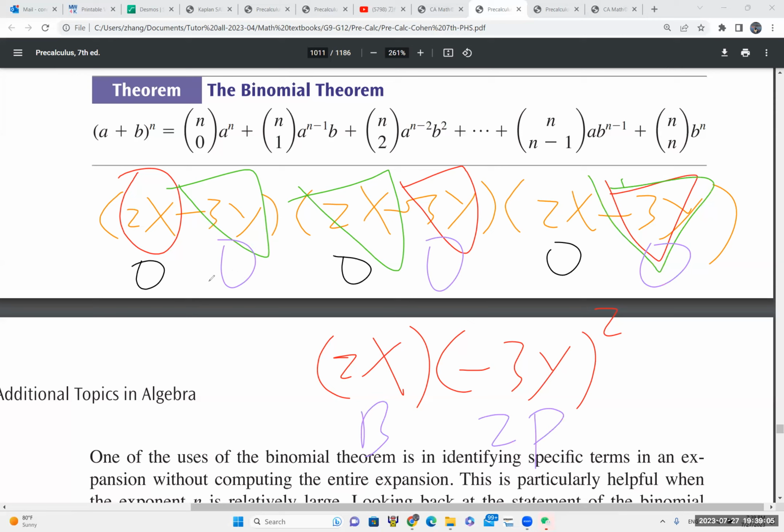So it's like there are three boxes. Each has either this ball or that ball. You choose, and the probability is that you get one black ball and two purple balls.